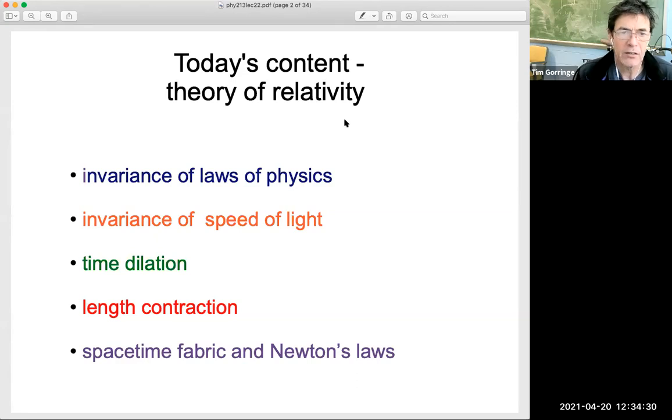And then finally, in today's class, I'm going to make a few comments about what this change in the fabric of space-time does for Newton's laws of motion. And we'll discuss further in the next class what that change in the fabric of space-time did for Newton's laws of motion. So this is the plan.